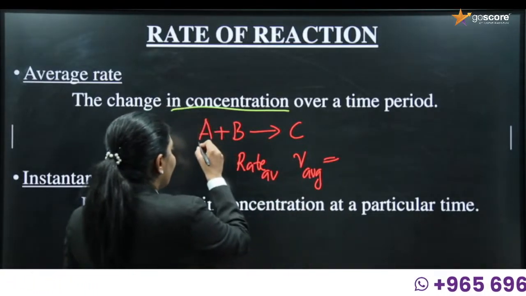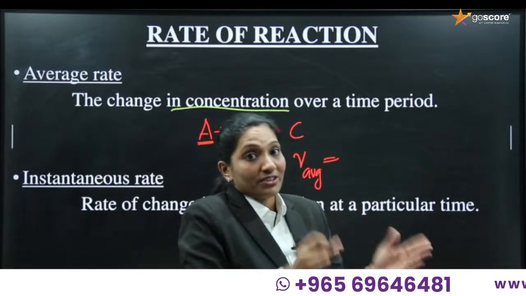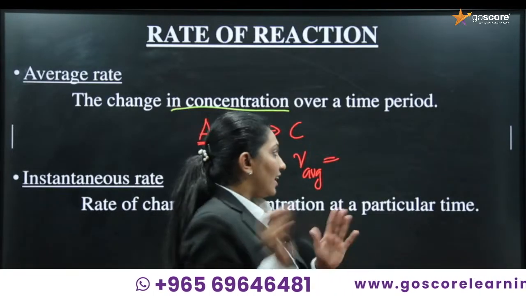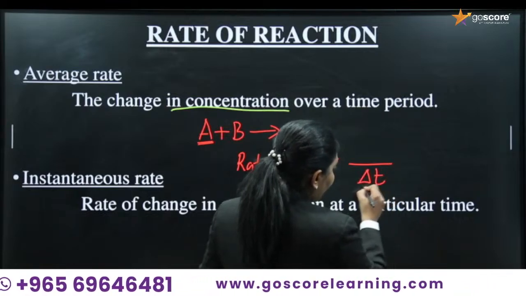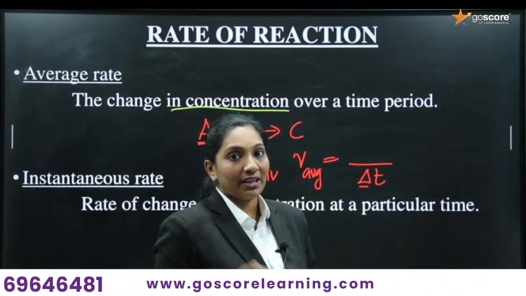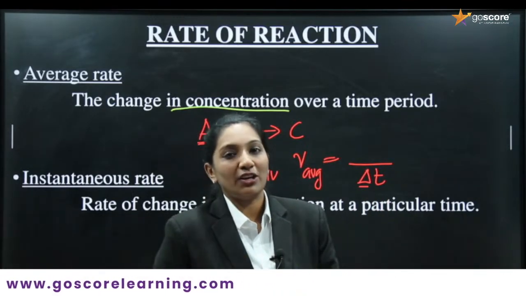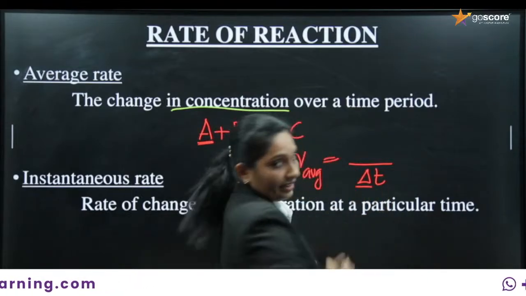Here if you consider the reactant A, we take the change in concentration of A over that time interval. That time change we can denote by delta T. Delta means change in time. Here we are considering a particular time interval, so the change in time value will be slightly higher. That's why we are putting the sign delta here.